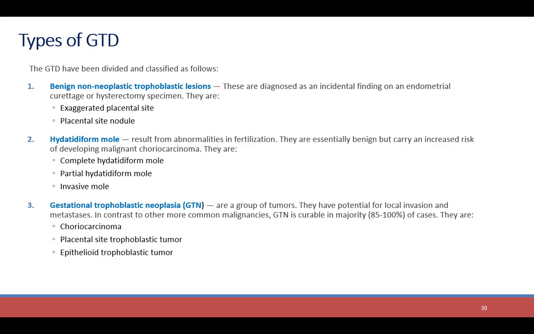What types of gestational trophoblastic diseases are there? There are many types. Most of them are vague, not well recognized, and clinically not important.